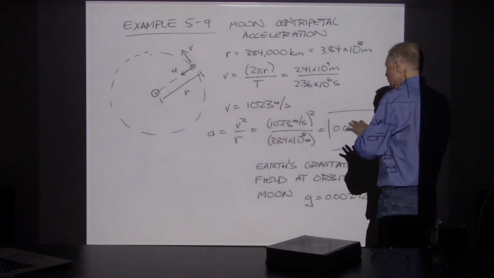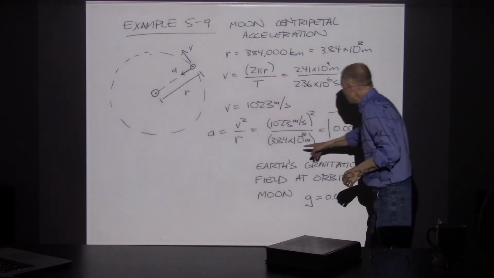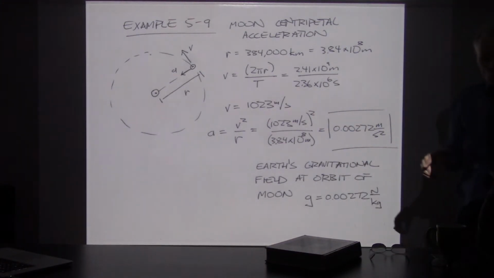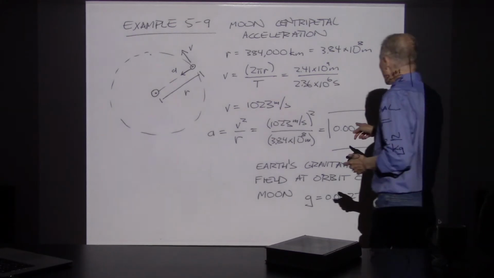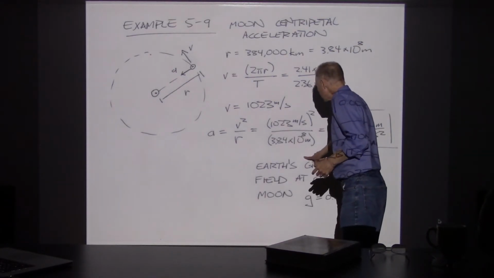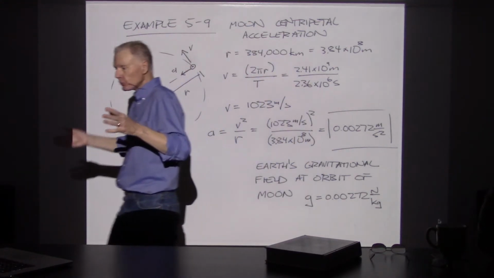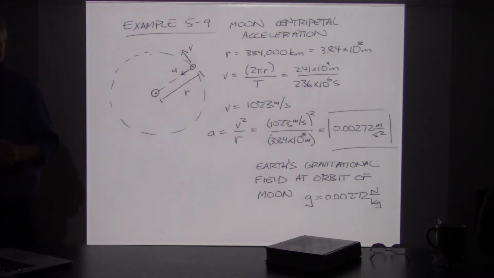Now, not by coincidence, once we get into chapter 6, we're going to learn ways to calculate gravitational fields. So, what is the value of Earth's gravitational field at the surface of the Earth? Earth's gravitational field is 9.80 newtons per kilogram.